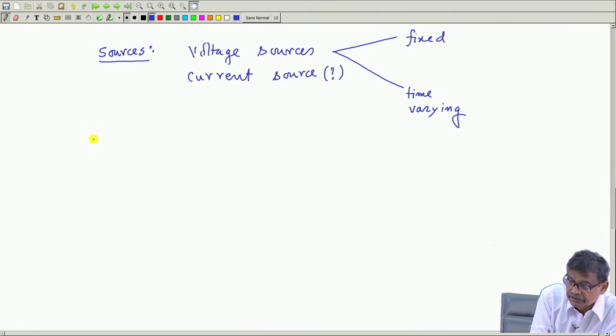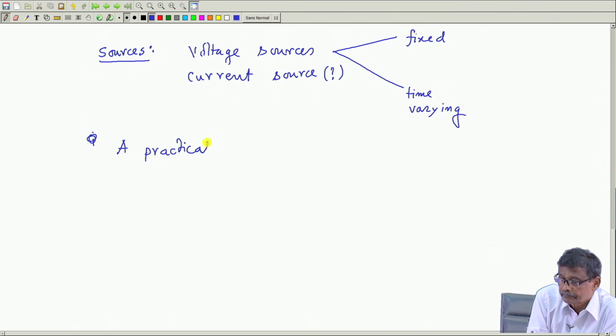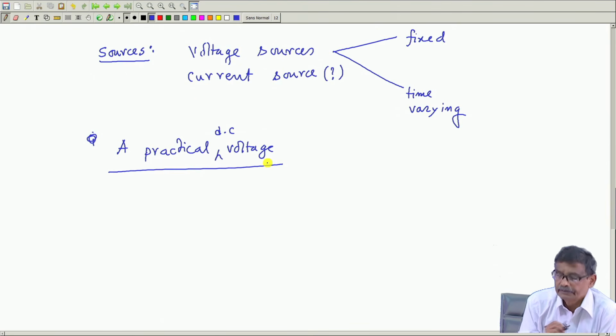Ideal fixed, and a practical voltage source. A practical DC voltage source. DC means constant voltage, like a battery.